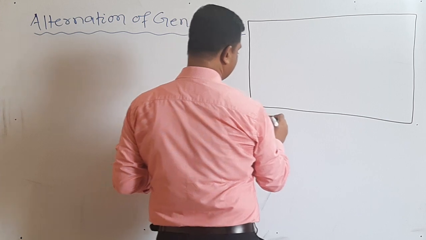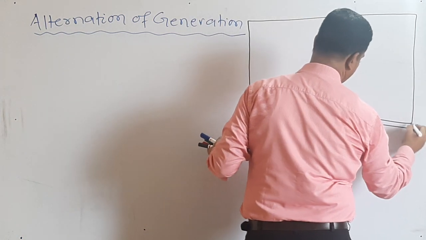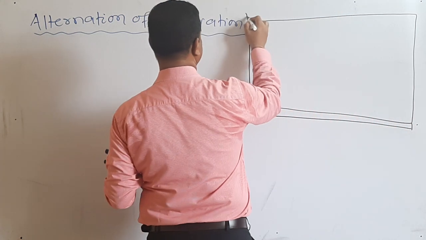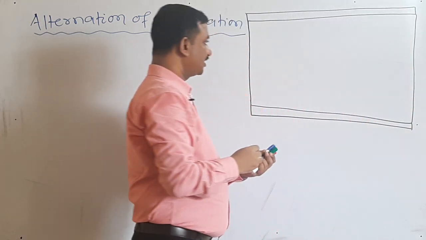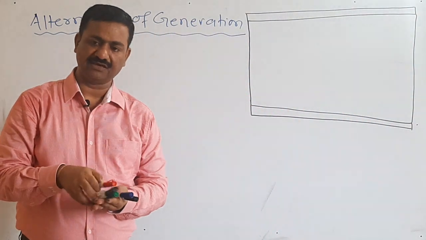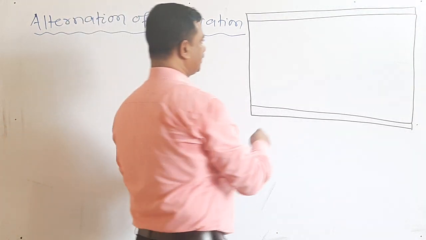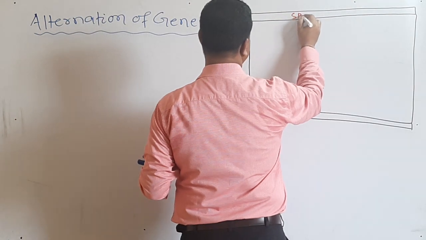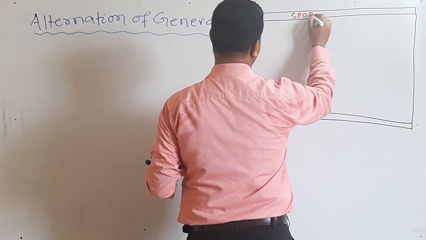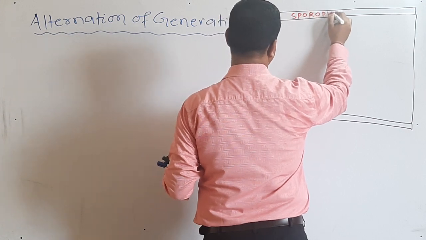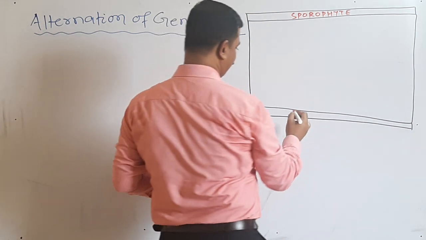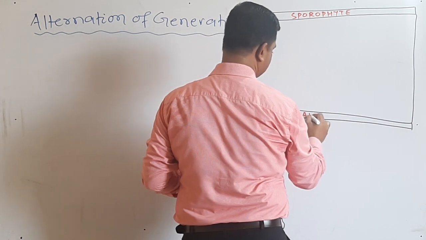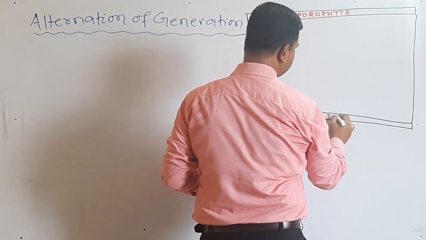We have drawn the lower one here. This is your second phase. Say if one phase is 2n, it is called a sporophyte. So this is a sporophyte, right? While this is your gametophyte plant body.